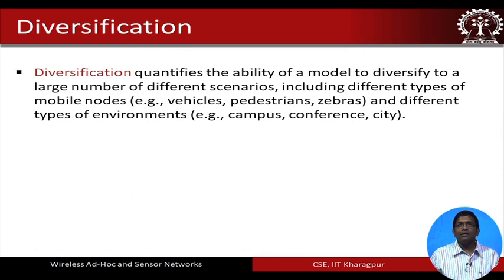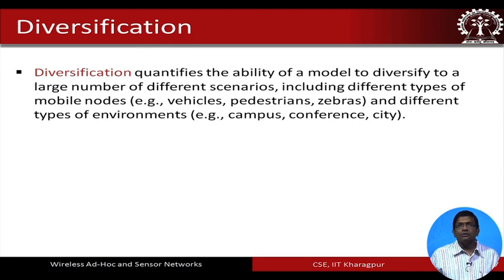So, basically if somebody is capturing an environment involving vehicles, pedestrians and zebras, those cannot probably or more likely be applied in environments such as a campus of a university, a conference or a city environment.